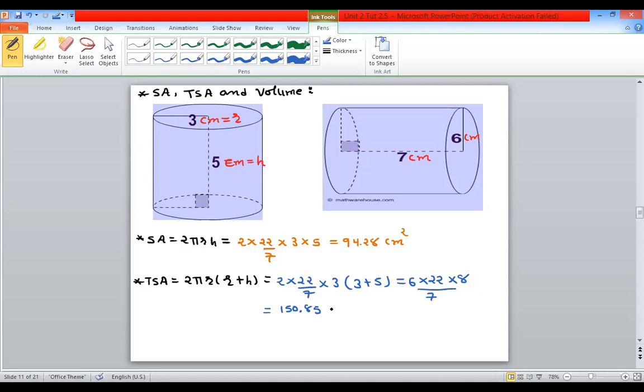Total surface area also represents area, so its unit is centimeter square.